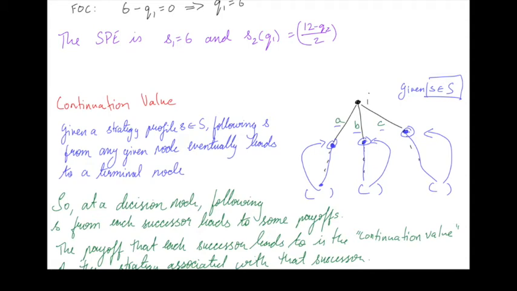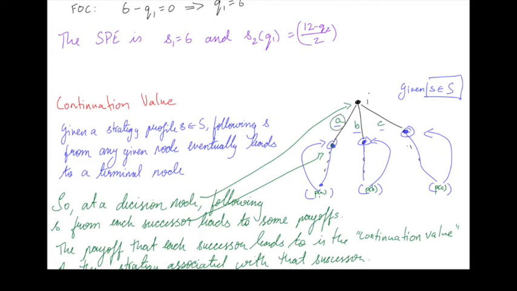So at a given decision node, this decision node here, for example, following S from any of its successors leads to some payoffs. Let's call this P of A. That's the payoff you would eventually get if you chose A. This is the payoff you'd eventually get if you chose B. This is the payoff you'd eventually get if you chose C. These payoffs associated with these successors, P of A for A, P of B for B, P of C for C, are what we call the continuation values of the actions associated with the node that leads you to that payoff.